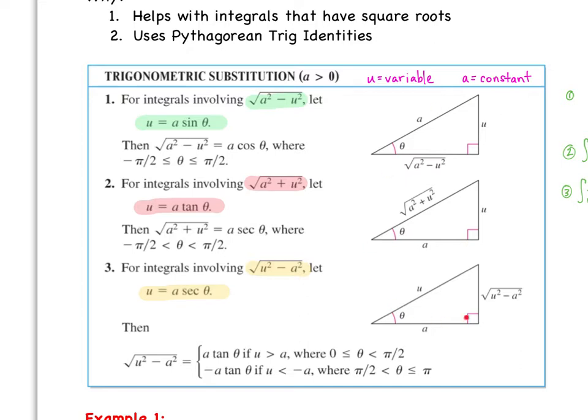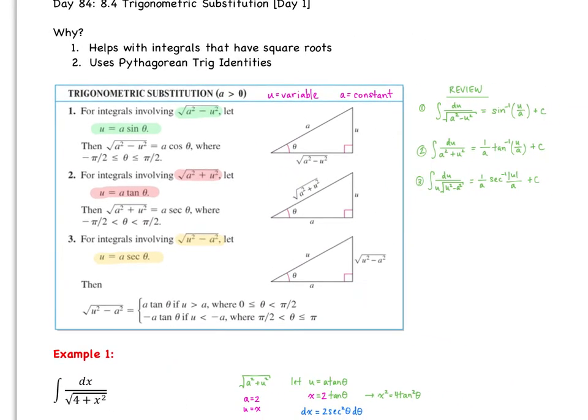And we'll set up our triangles accordingly. So that's just our notes. These are our three trig substitutions that we're going to use. Again, familiarize yourself, remind yourself of these integrals over on the right-hand side.